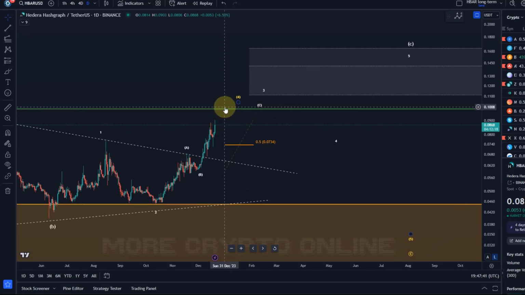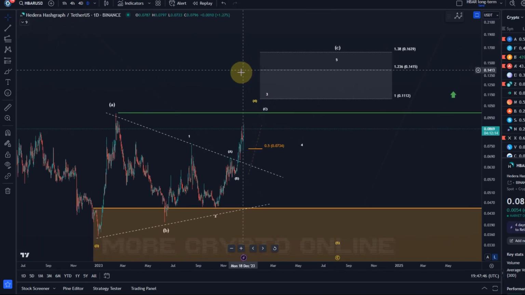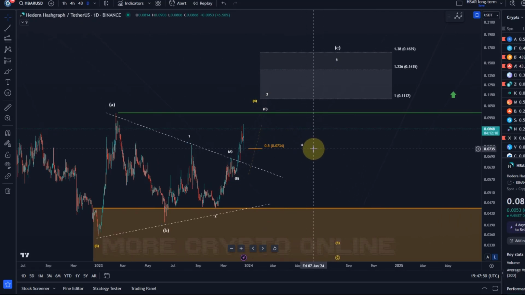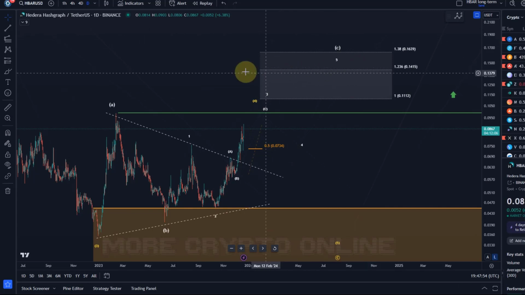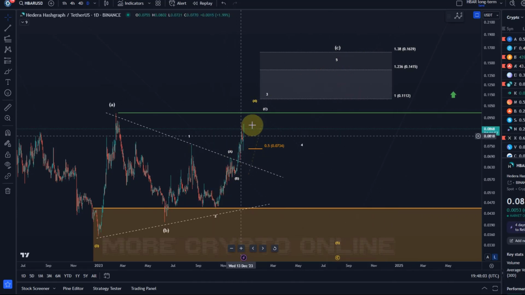I would get very cautious at around 10 cents, 11 cents, because then at some point, the fourth wave will be due. And if we can then hold support, which I cannot define at this stage, we can also expect a fifth wave to the upside. That could then take us into the region here. Yeah, 11 cents, but that's probably too low for all of wave C, given that the third wave itself should ideally already reach 11 cents. But then we've got 14 and 16 cents next.